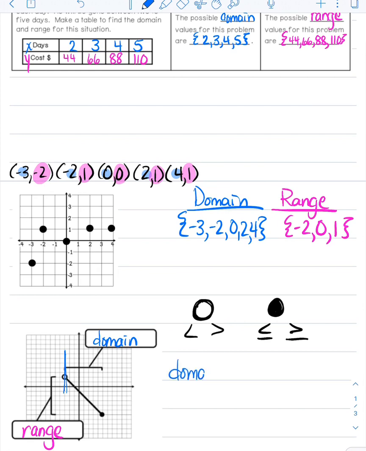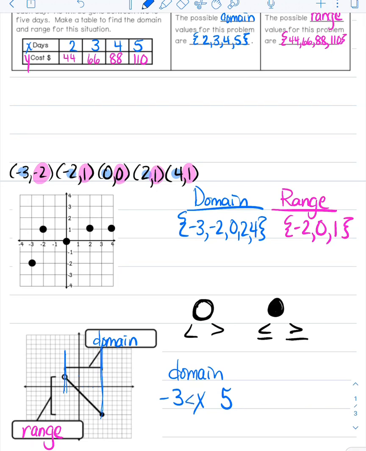So my domain goes from -3, and my highest x value is 5. And since we're talking about domain, we put an x in the middle. And let's think about this. X is greater than -3.